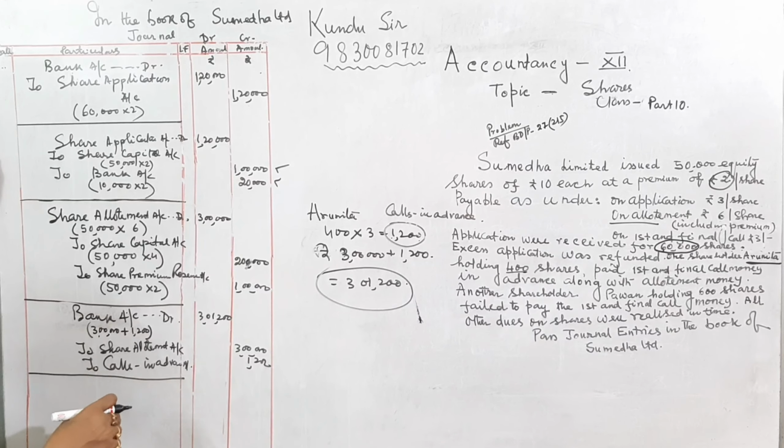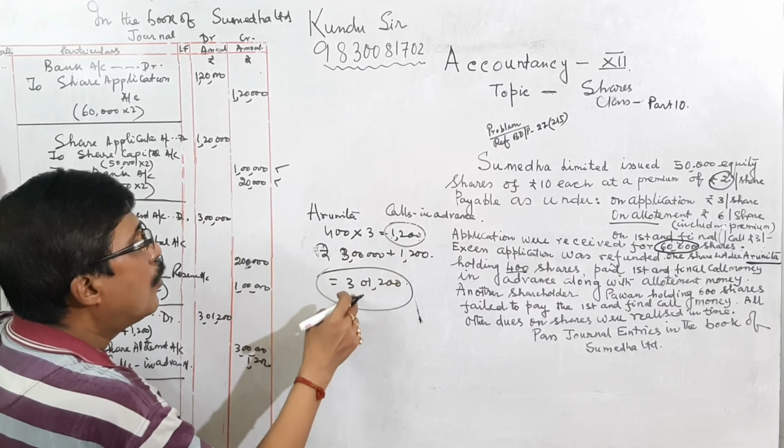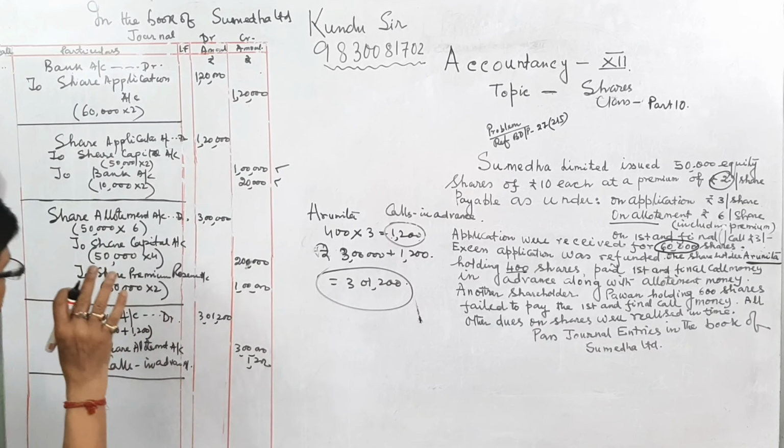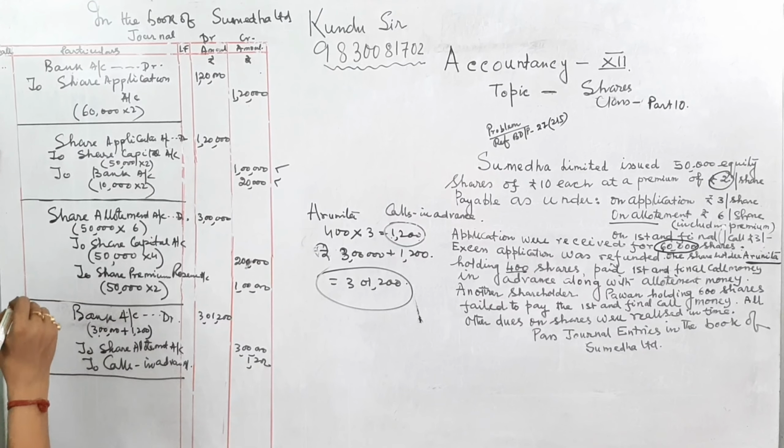So we are getting rupees 6 per share as allotment including premium. Moreover, we are getting advance from Arunita, first and final call. Arunita is holding 400 shares, that is 400 into 3, 1200. Now we are making the due for first and final call.